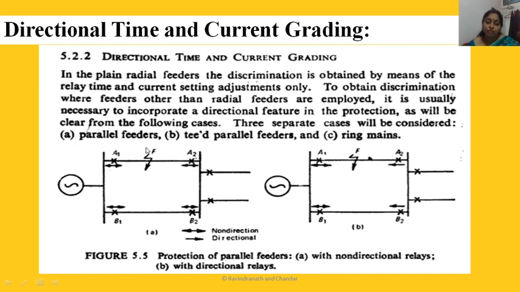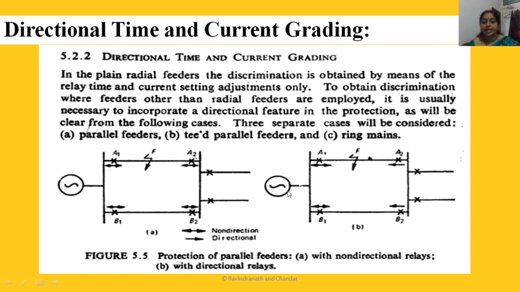So for the fault at F, relays A1, A2 and B2 trip, or give a tripping signal to the circuit breaker. So the fault is in the upper feeder, but the lower, healthy feeder is also getting disconnected. So that's why we need a directional relay, and the direction is away from the bus. This indicates the tripping direction.